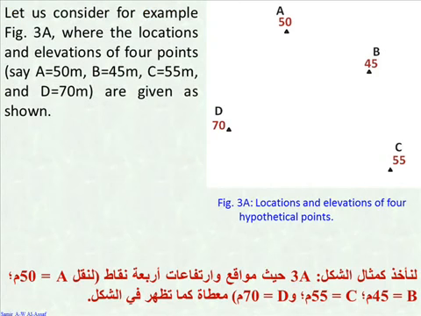Let us consider, for example, Figure 3a, where the locations and elevations of 4 points, say A equals 50 meters, B equals 45 meters, C equals 55 meters, and D equals 70 meters, are given as shown.